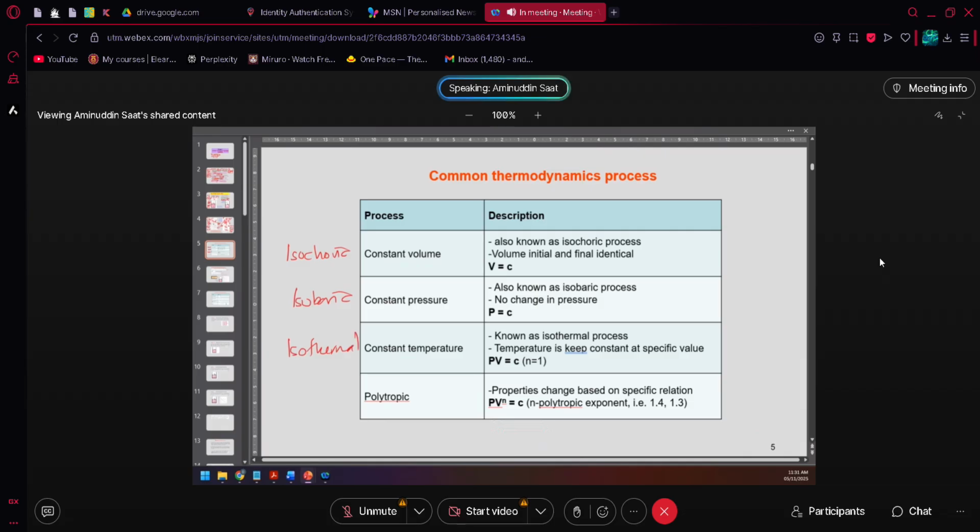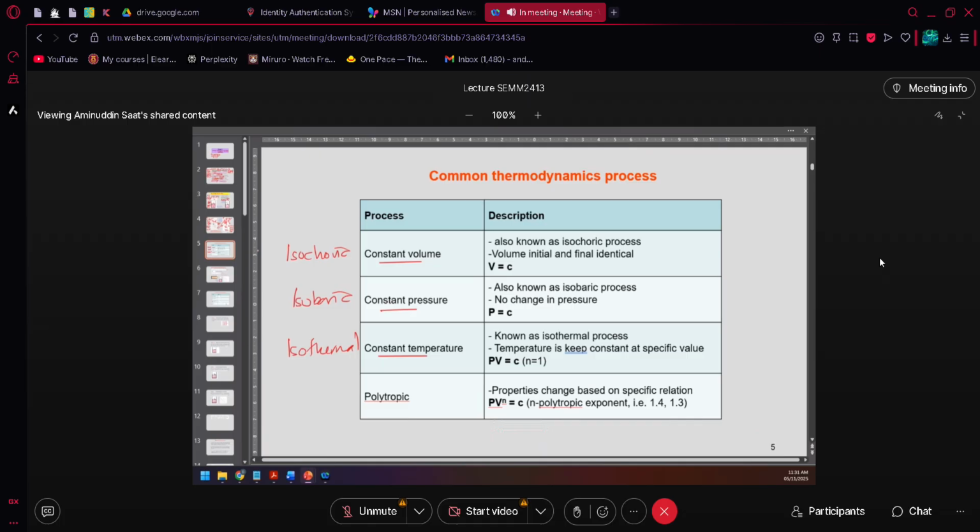We know that these are V constant, pressure constant, constant temperature. So you know that under constant volume, there is no change in the volume. Under constant pressure, there is no change in the pressure. And at constant temperature, there is no change in the temperature.